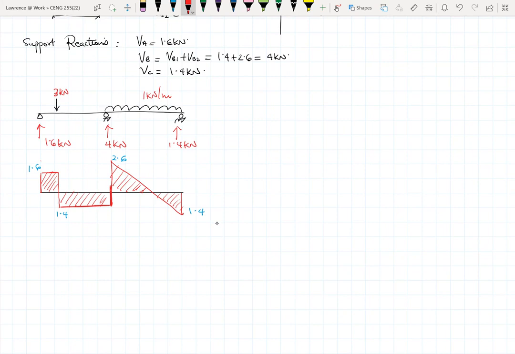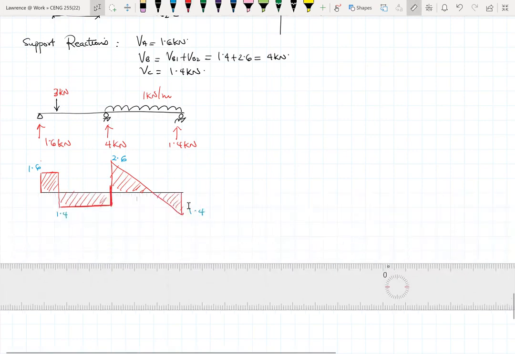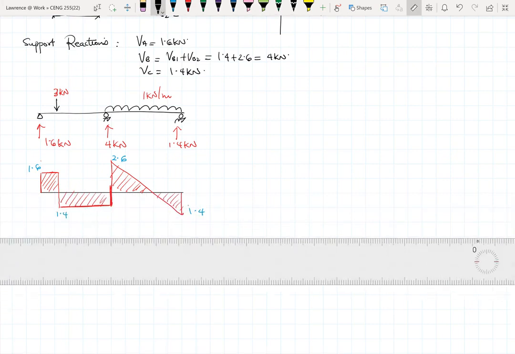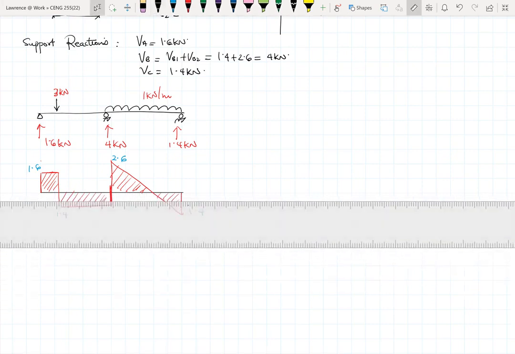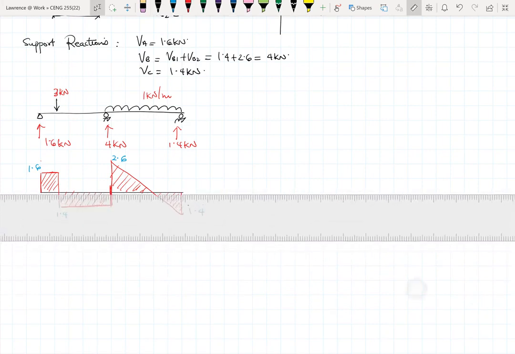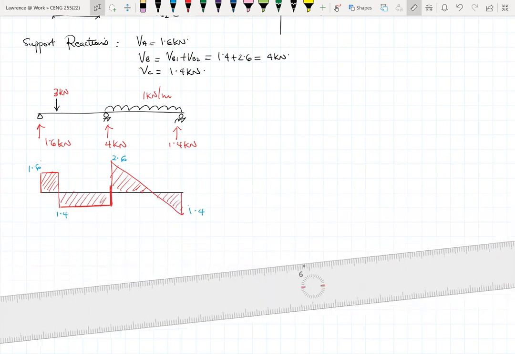The next step will be to draw the bending moment diagram. Let me move the ruler down here a little bit. Mostly it's best to draw these things below, so let me just draw it below.